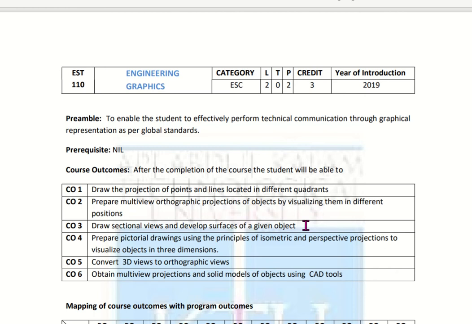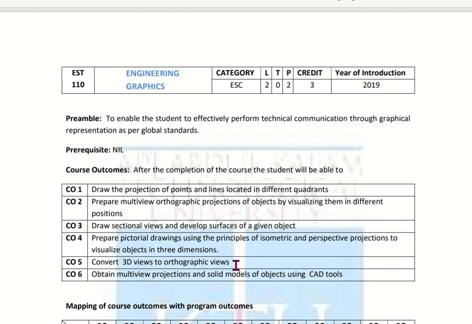So we can detail the surfaces by developing the object. Coming to the fourth outcome: prepare pictorial drawings using the principles of isometric and perspective projections to visualize objects in 3 dimensions. Coming to the fifth outcome: convert 3D views to orthographic views.